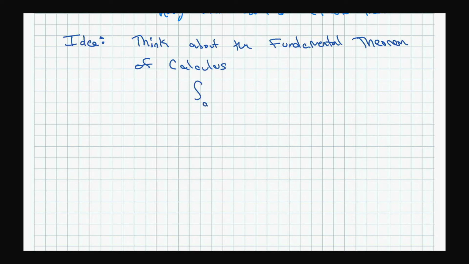So you have the integral from a to b of little f of x dx, and that turns out to be f of b minus f of a.